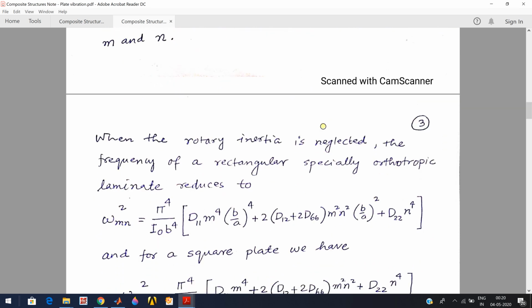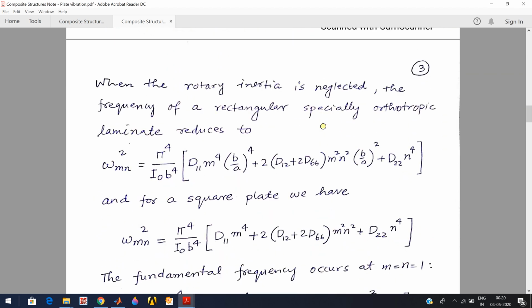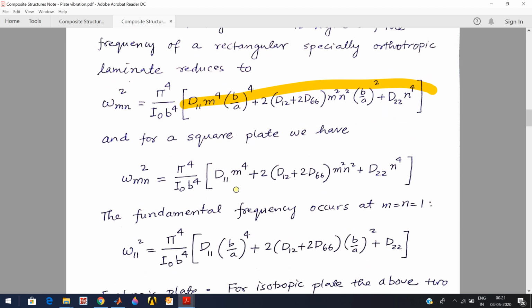All right, so now we'll see for a few particular cases how these omega expressions come out. For cases with no rotary inertia, when the rotary inertia is neglected, we can see omega mn square will be expressed in this way, already discussed earlier.